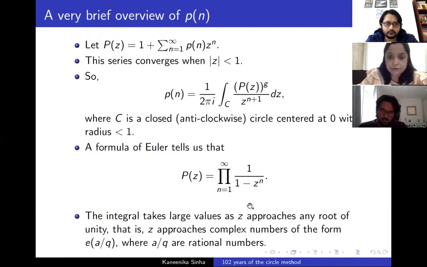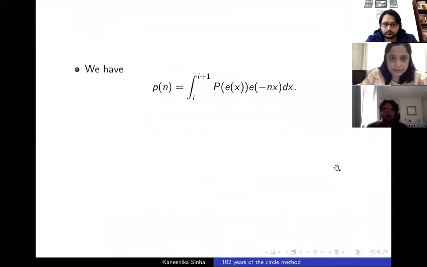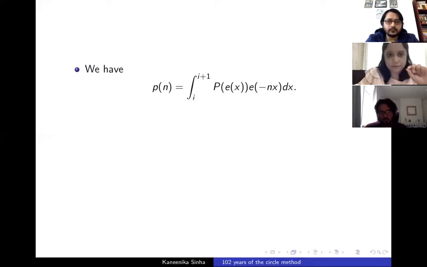That is, z approaches complex numbers of the form e to the 2 pi i a over q, where a by q is any rational number with a less than or equal to q. Now, this is a very, very involved calculation, but this is just to give you a rough introduction so that you can go and read the existing literature by yourself.